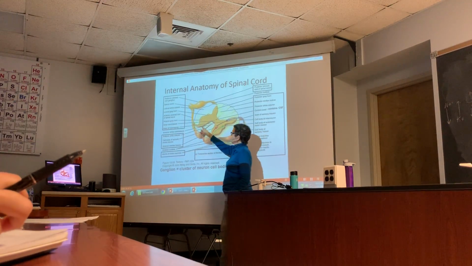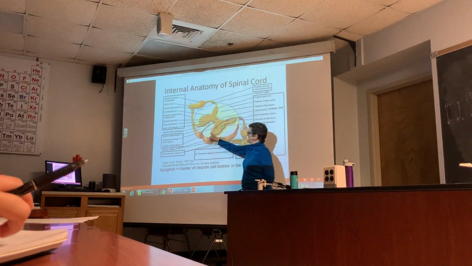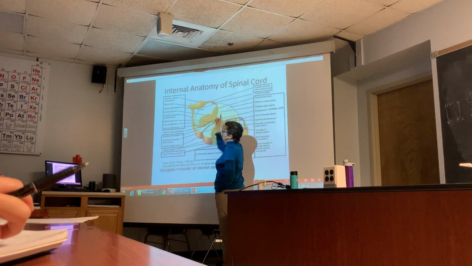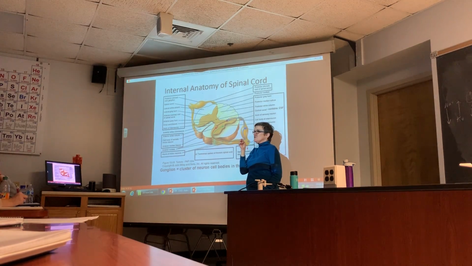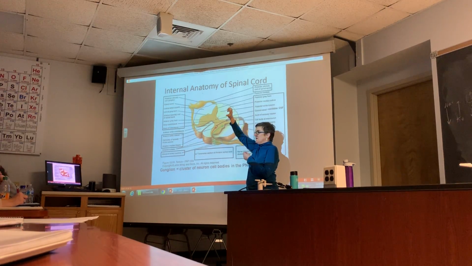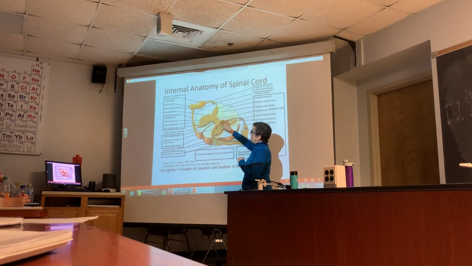The lighter colored areas are white matter. They're called the white columns. Anterior, lateral, and posterior white columns. They contain tracts, which are bundles of axons carrying information up and down, to and from the brain. Ascending or sensory tracts carry sensory information up, motor tracts carry information down, also called descending tracts. So this is the information highway right here.